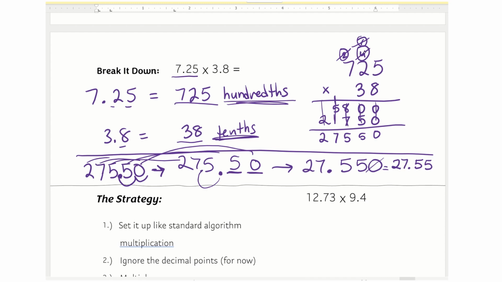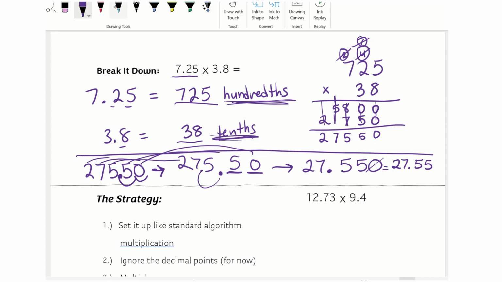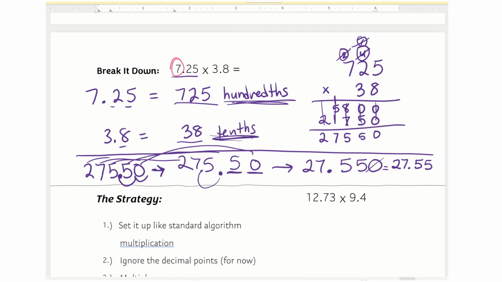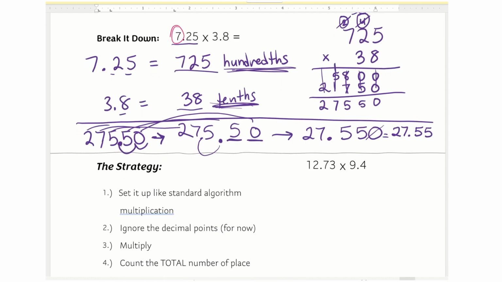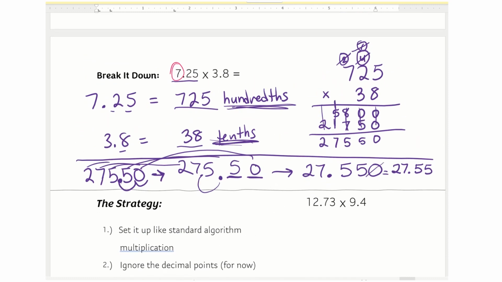Now that required me to do some kind of tricky math work where I was moving by place value places to reflect my hundredths and my tenths. So I want to make sure that that actually makes sense. I'm going to go back to my whole numbers. I've got 7 and 25 hundredths. If I thought of that, what number is that close to? It's like 7. I'm rounding down. And then my next number, I have 3 and 8 tenths. And that 8, if I was going to round this to the nearest whole number, that 8's pretty high.